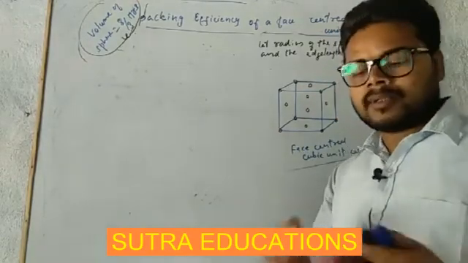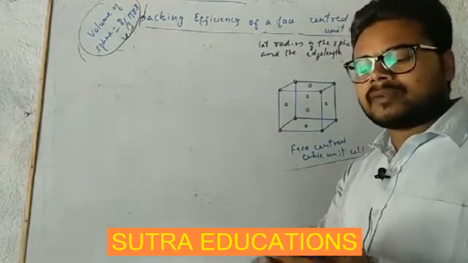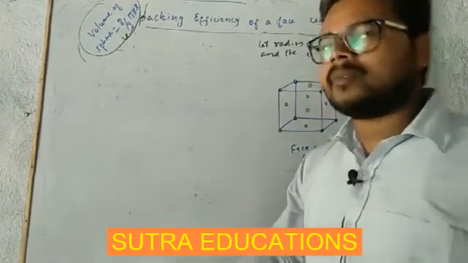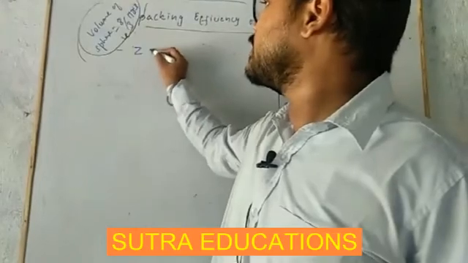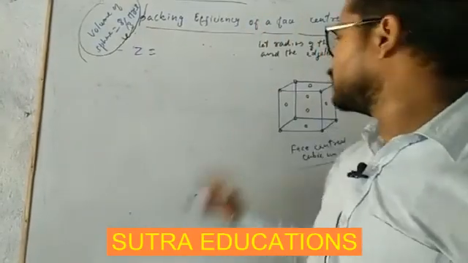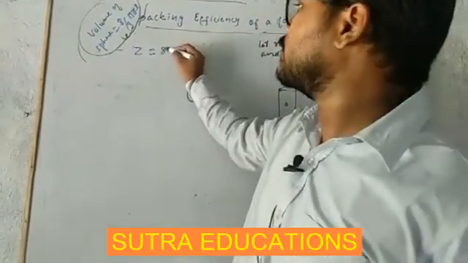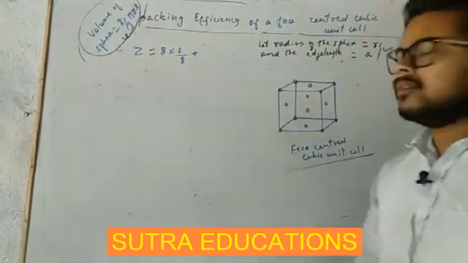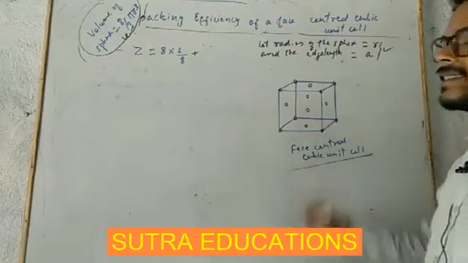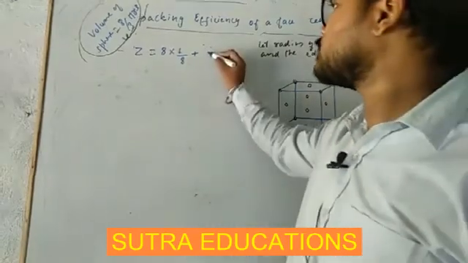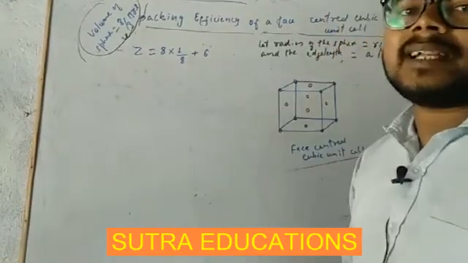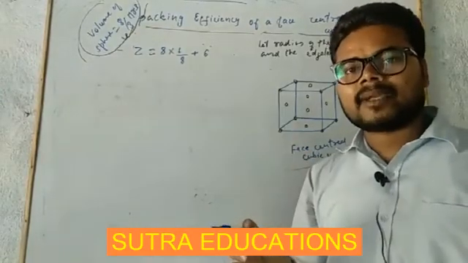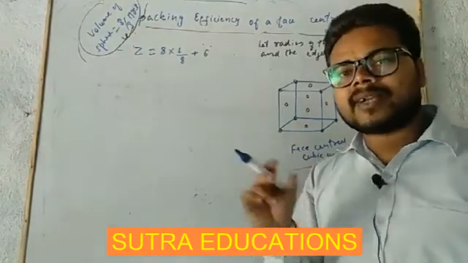So from here we will calculate the effective atomic number, and I have told you the effective atomic number is given by Z. Z in this case is equal to 8 atoms at all 8 corners, so 8 into 1 by 8, plus 6 atoms on 6 faces. I have told you atoms present at the face are shared by 2 different unit cells.